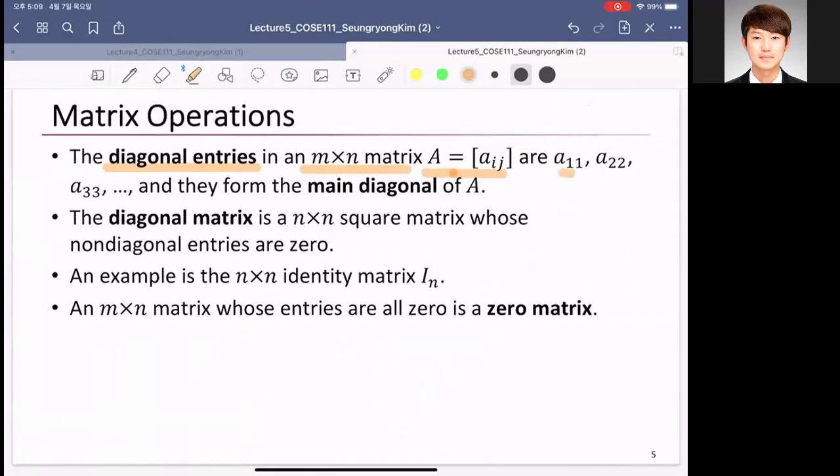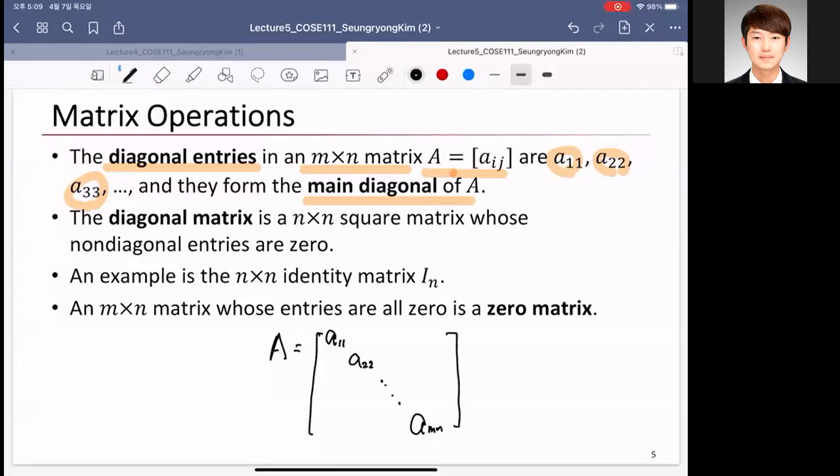Diagonal entries mean A11, A22, A33, and they form the main diagonal of matrix A. Let's suppose this is your matrix A, and each diagonal term of matrix A is A11, A22, up to Amn. This is called a diagonal entry. Diagonal entries, right?